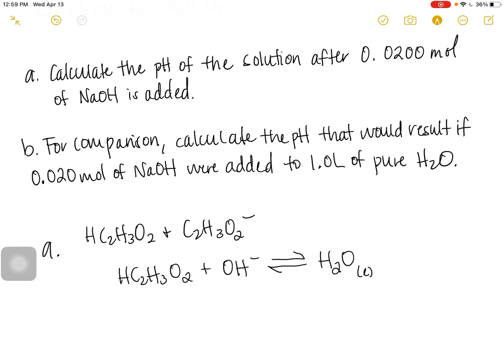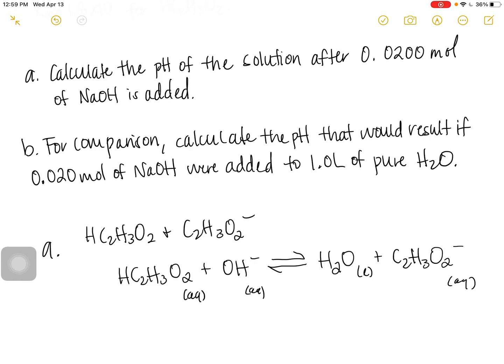Behaving like an acid, it donates a proton, and the base accepts the proton. We end up with water as a product and the acetate ion as a product as well. These things are all aqueous with the exception of the H2O.